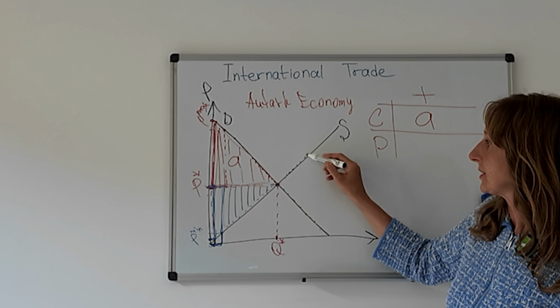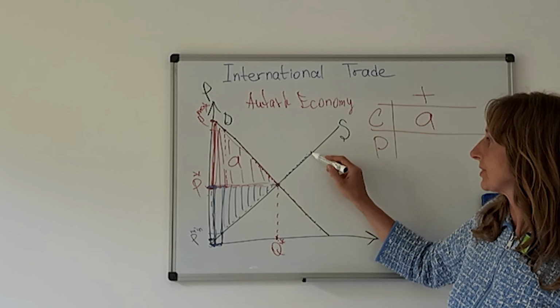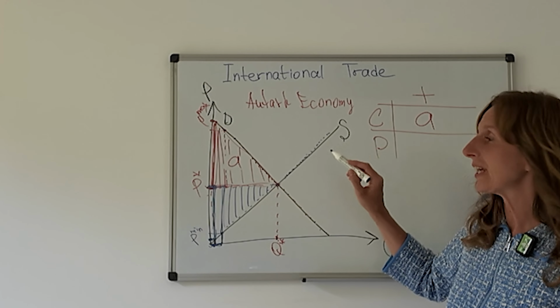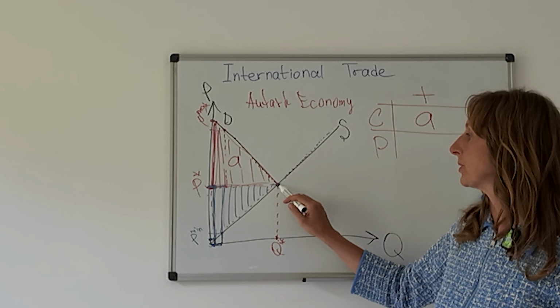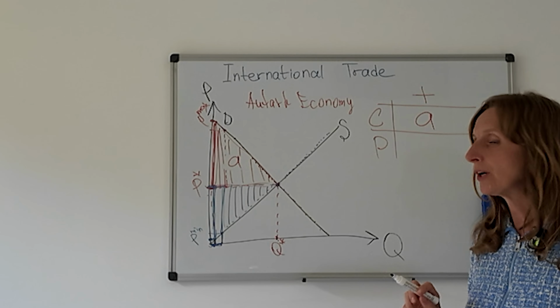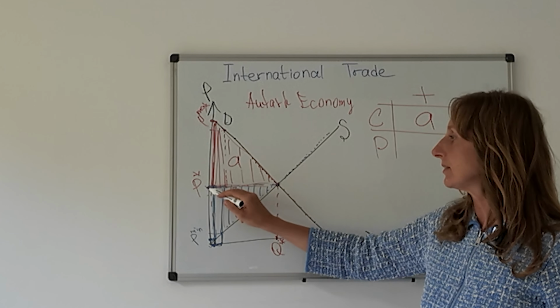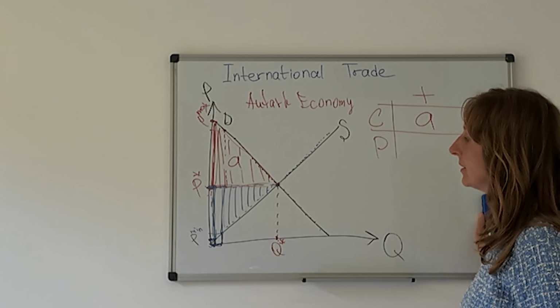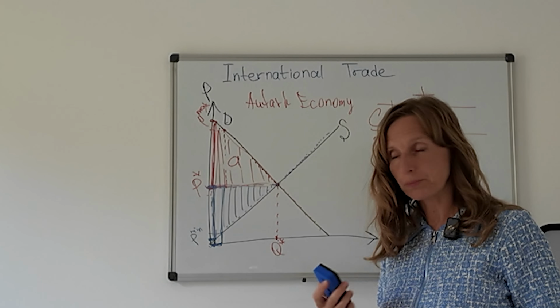These producers are willing to sell their products at a higher price, but nobody buys it because the equilibrium market price is at this level. Therefore, we call this blue triangle a triangle of producer surplus.